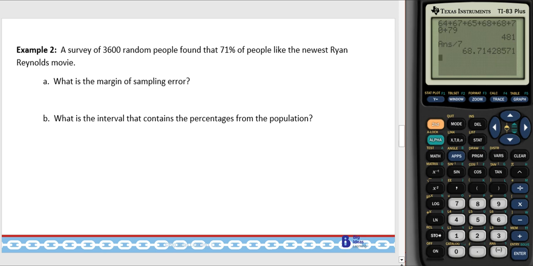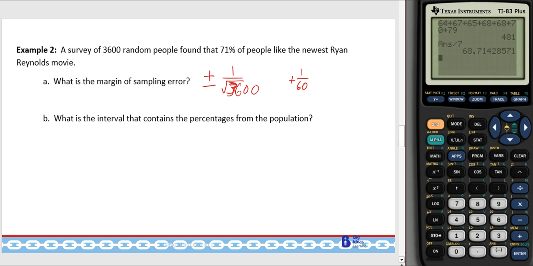71% of the 3,600 people said that they liked the newest Ryan Reynolds movie. To calculate that margin of sampling error, we use that formula again, that plus or minus 1 over the square root of 3,600. Okay, the 3,600 is my sample size. So the plus or minus 1 over 60.